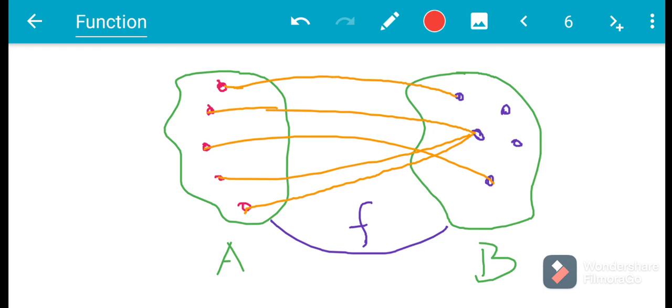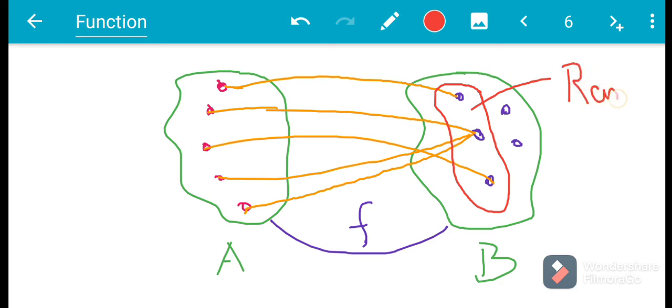Now all these points map to these 3 points. So these 3 points, let me separate with this set, this part. This is called range. This set B can have more points than the range, but the range is all those points where the points of the domain are connected. So this is the range.